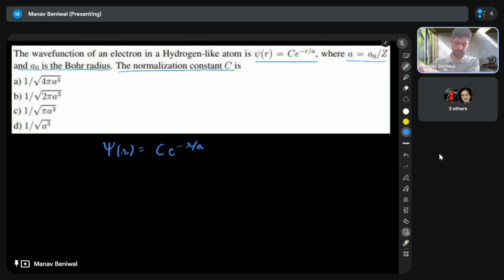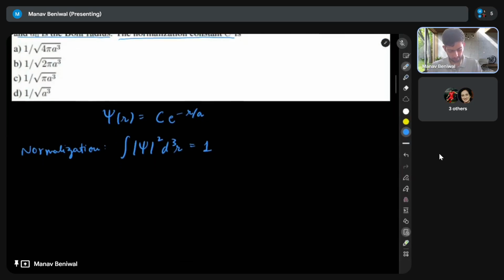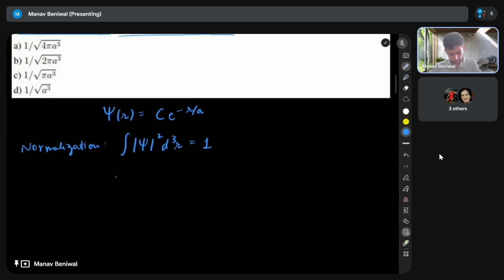Then the normalization condition would require that our integral mod psi squared d3r is 1, right? Or we can write it as 3 different integrals.